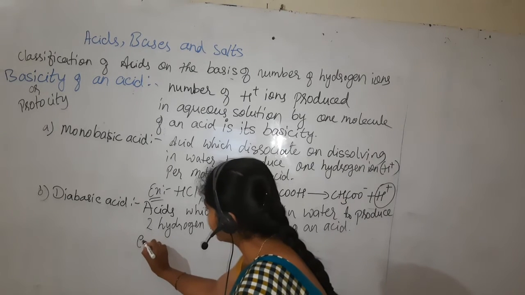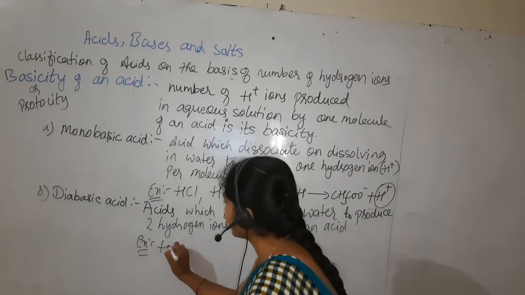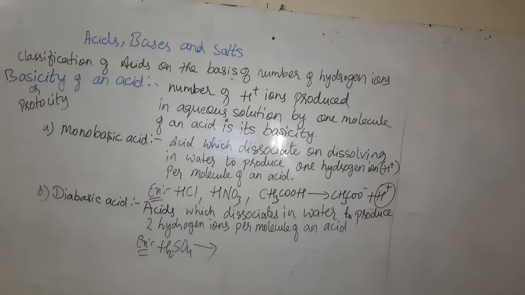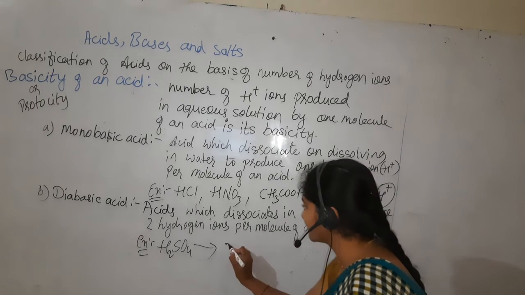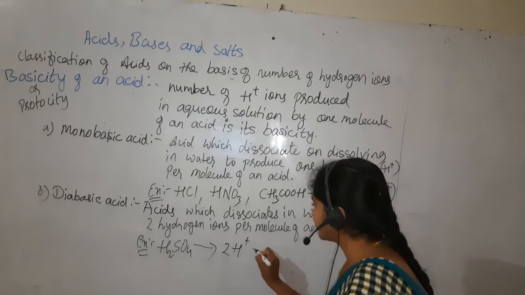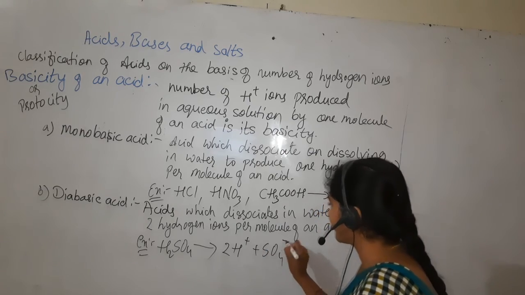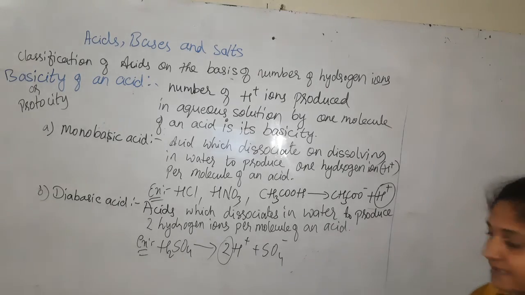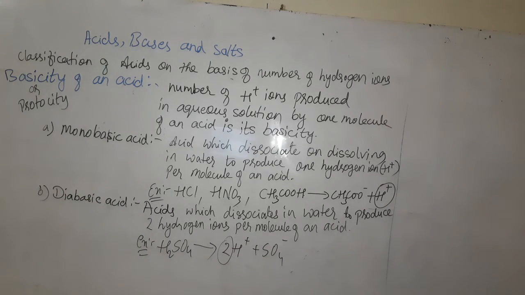Okay, let us see the examples. H2SO4. How many H plus ions are there? 2. 2H plus and SO4 2 minus. Look at it, 2 H plus ions are there. So H2SO4 is an example of a dibasic acid.